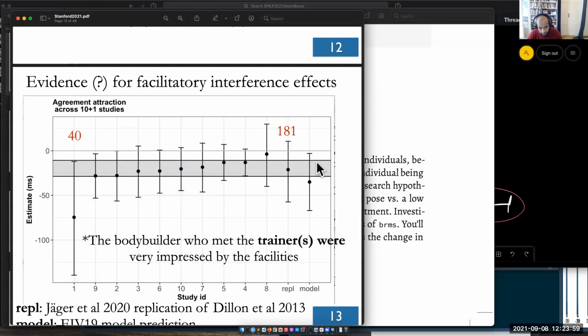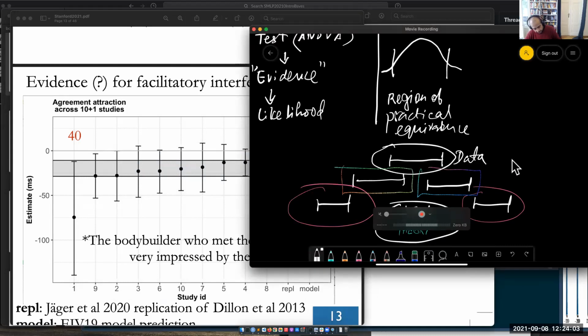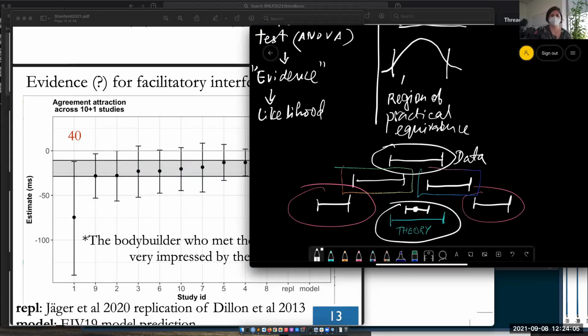So I can argue that I have evidence for this effect based on this approach. This is called the ROPE approach, region of practical equivalence. This is the approach I use in my research because I usually have solid theoretical predictions from a computational model. I'm looking at real predictions that I can test against.